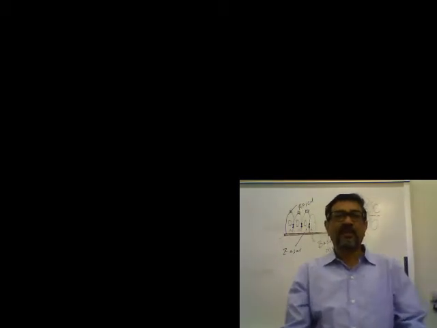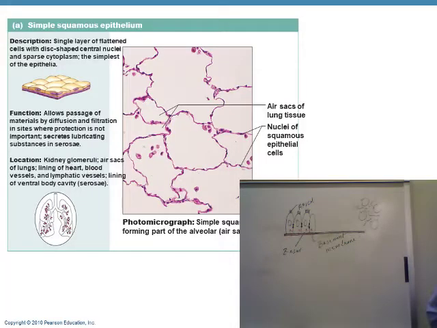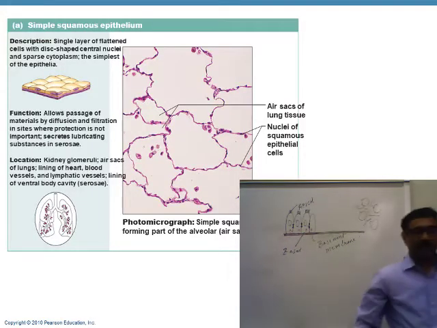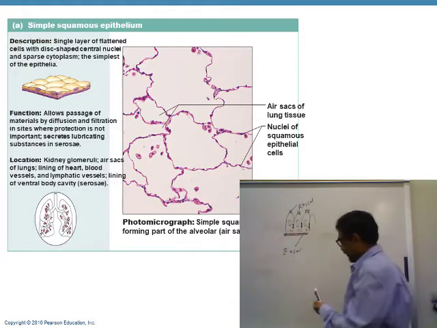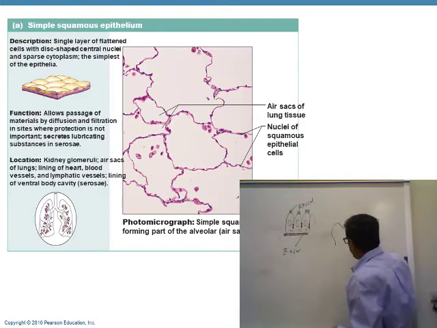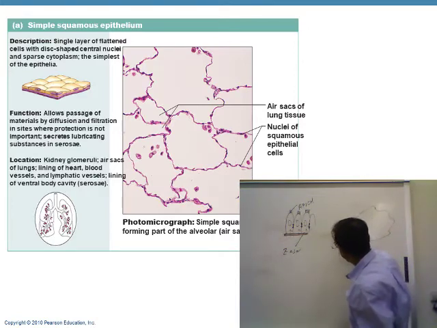So this is a simple squamous epithelial tissue. You see, inside the lung you have alveoli, and in the wall of the alveoli you see a single layer of flat cells like this. So this is one squamous cell, right?